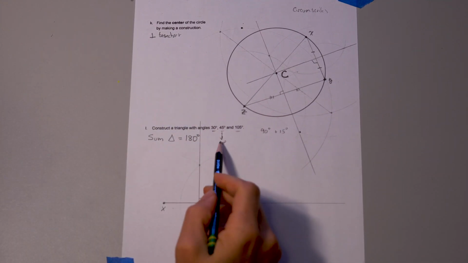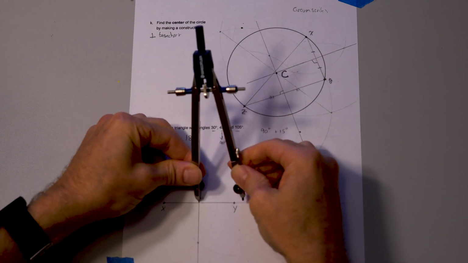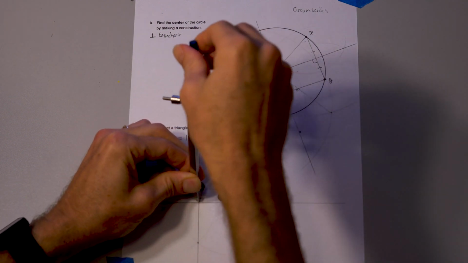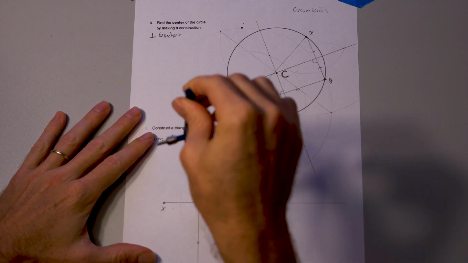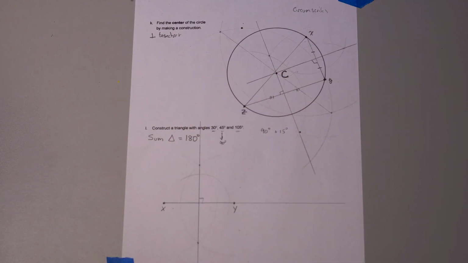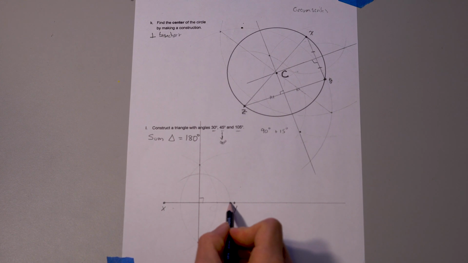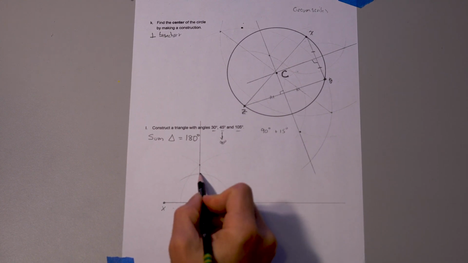We need to cut it in two congruent pieces to get a 45. So I'm going to make an arc from this upper right hand quadrant. It needs to intersect both sides of my angle, and it does right here and right here.